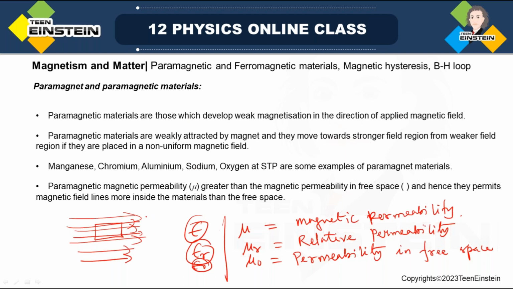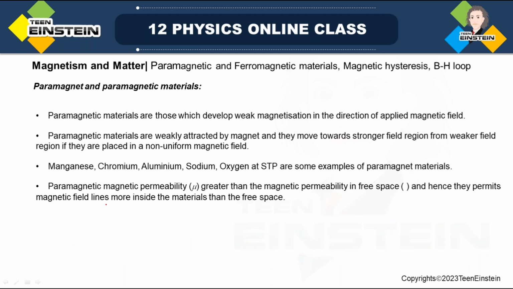In case of diamagnetic materials, what we have seen, I'll just draw now. Dia and para will show later, dia, para, ferro together. Suppose the diamagnetic material is kept inside a uniform magnetic field.